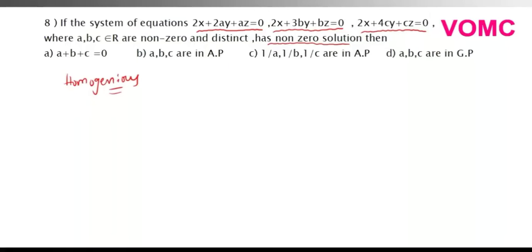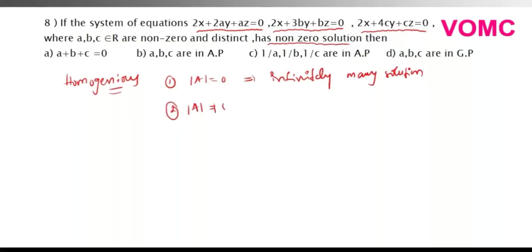For homogeneous equations we have two properties only. One is, if det of A is equal to 0, the system of equations has infinitely many solutions. And the second point is, if det of A is not equal to 0, then the system of equations has a unique solution, which is the trivial solution.